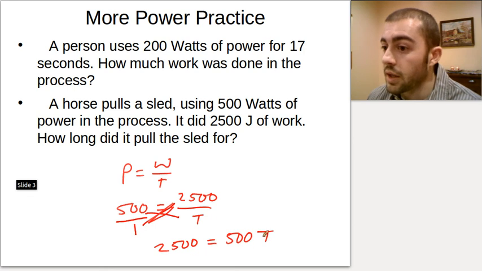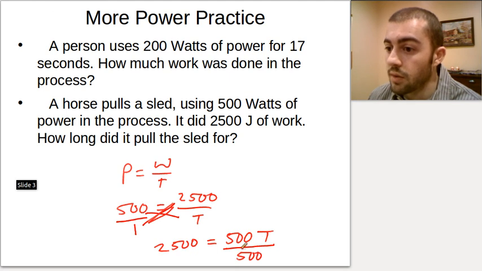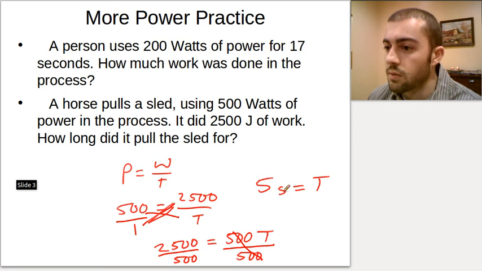From here, we want to get t by itself. We'd have to get rid of the 500 over here, do the opposite of what it's doing. It's currently being multiplied by t, so the opposite would be division. We divide here, again doing the same thing to both sides. 500 divided by 500 cancels out to 1, and we end up with 5 seconds for t.